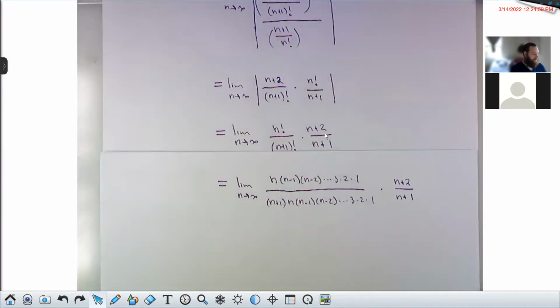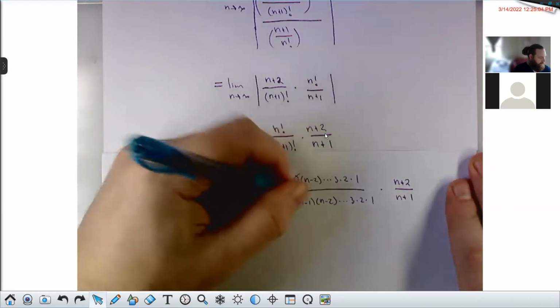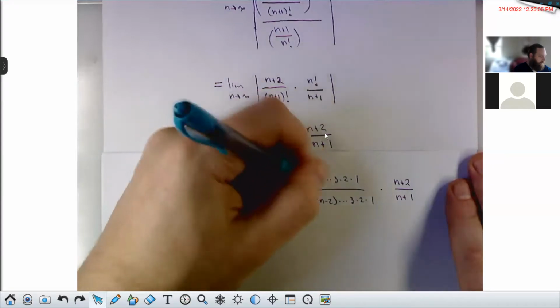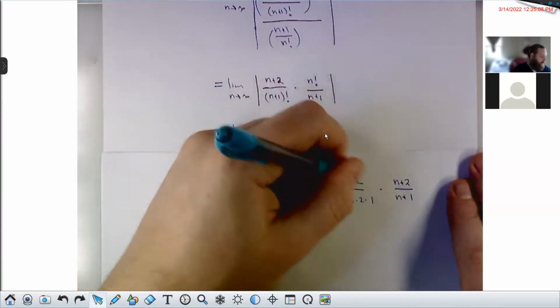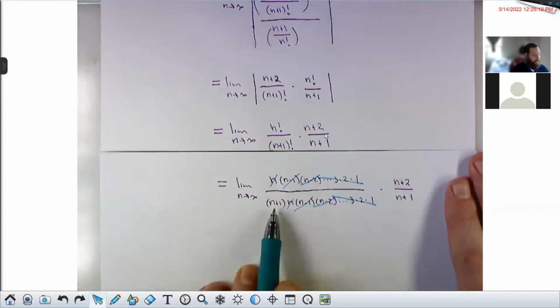And there is lots and lots of cancellation. So the n's cancel. The n minus 1's cancel. The n minus 2's cancel. Everything cancels, except for this n plus 1.